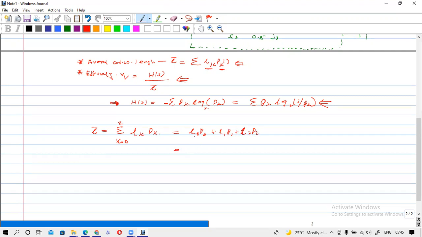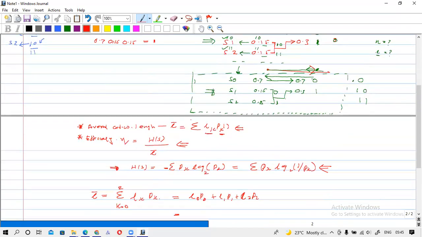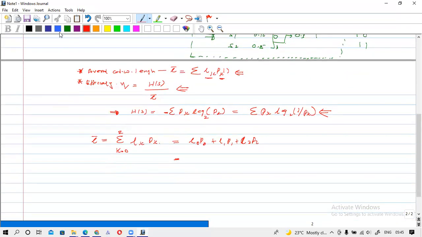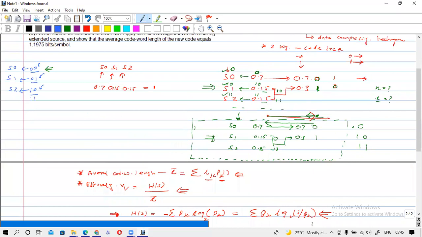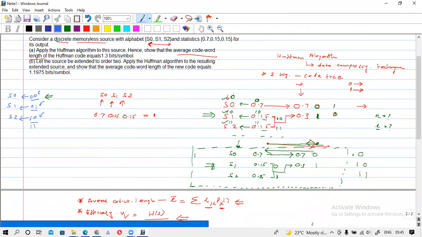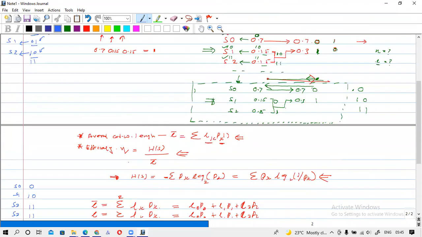So L0 is the code word length of the first symbol. After using Huffman code, as I remember, we assign 1 to the first, 0 1 to the second, and 0 1 1 to the third.